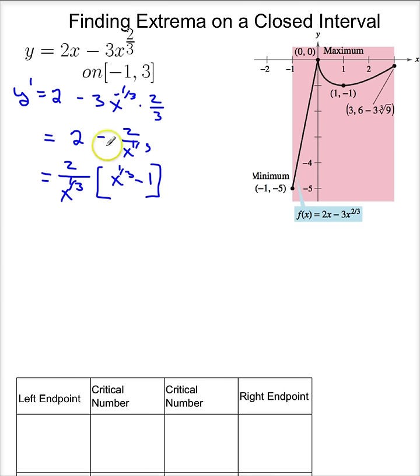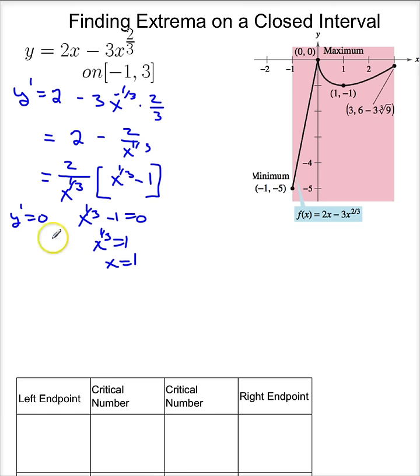Now I can see where this equals 0. y prime equals 0. Well, this first term can never equal 0, so it only equals 0 when x to the 1/3 minus 1 equals 0. So my only critical point where the first derivative equals 0 is at x equal 1.